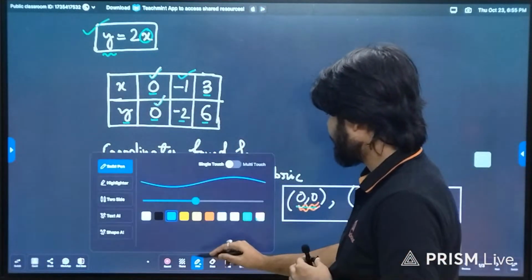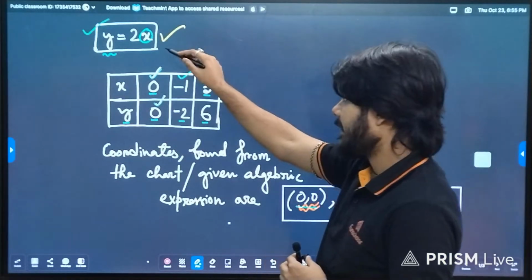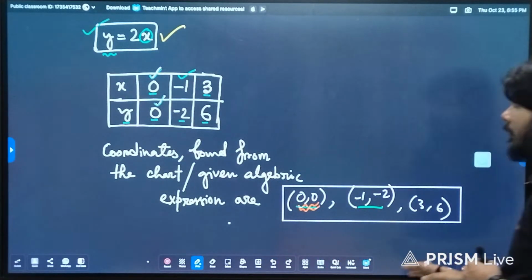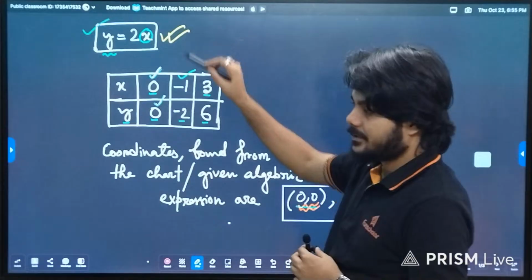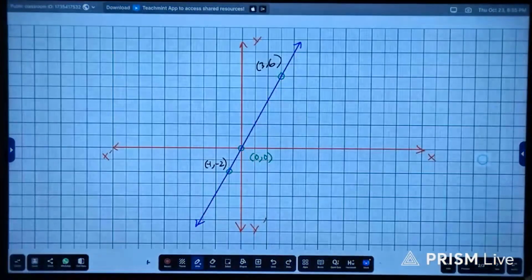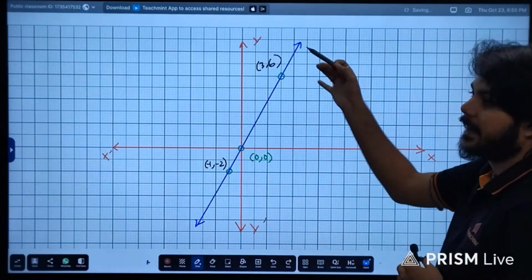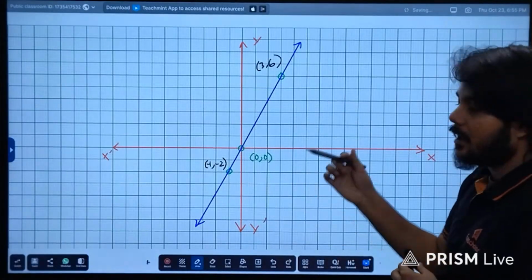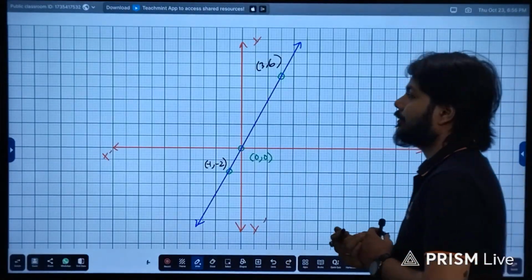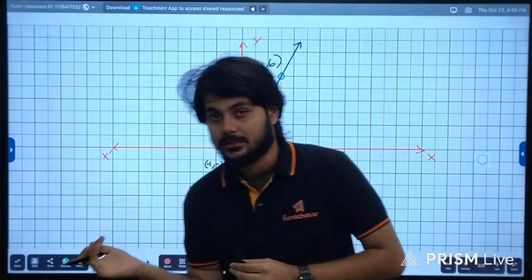This was the expression, and by following this expression, we have drawn the graph of the following algebraic expression. Now memorize what I have told you in the first lecture.